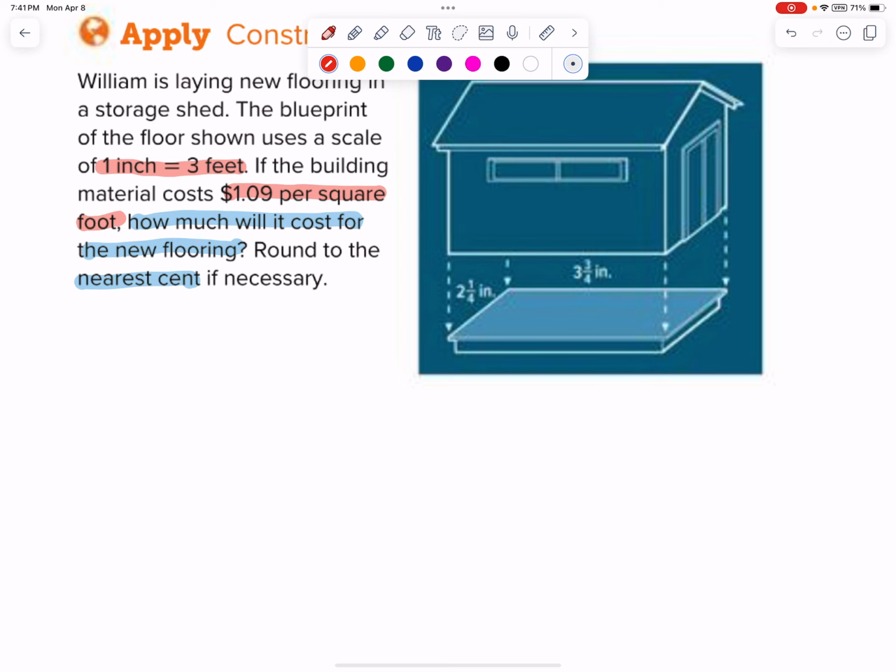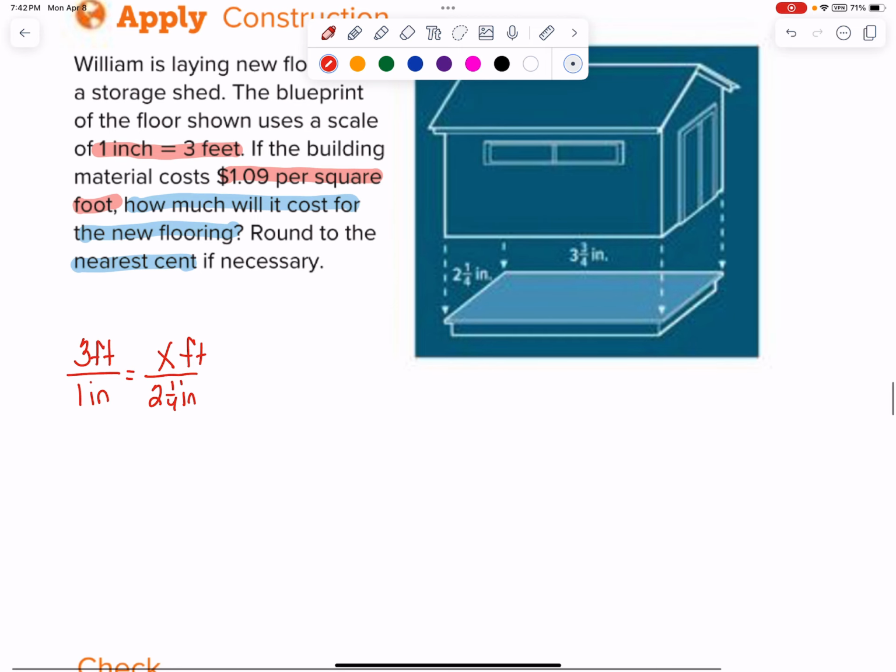So again, we could set up a proportion if you like to do it that way, where you say, well, if every 3 feet is an inch, how many inches do I have? Well, I have 2 1/4 inch, and it'll tell me how many feet, right? So we could do it that way, or if you just understand that every inch is 3 feet, it's a nice unit rate, so you have your multiplier.